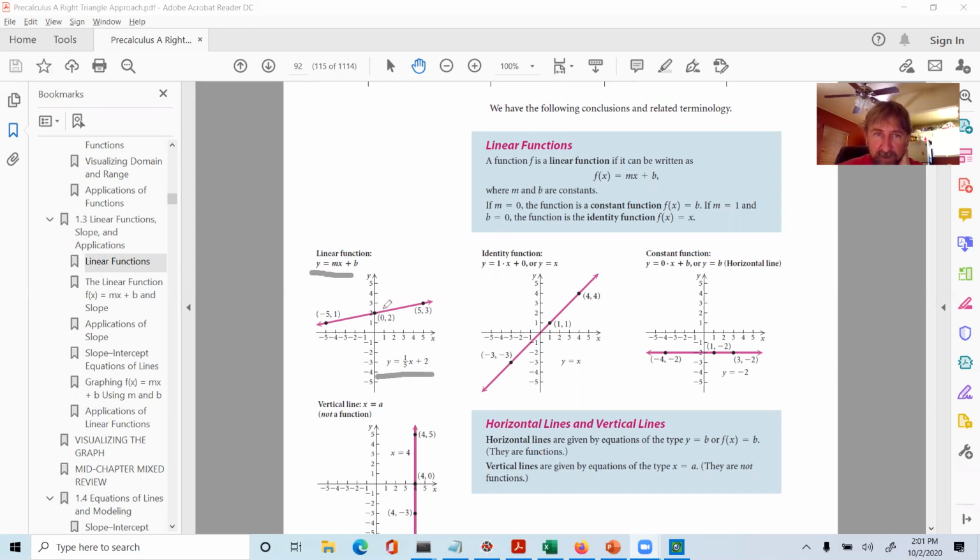Hence this point right here, (0, 2). It's the y value when x is 0, right? So I put a 0 here for x. 0 times 1/5 is 0. 0 plus 2 is 2, and so my y value is 2 when my x value was 0. That is my y-intercept. And the 1/5 is the slope.